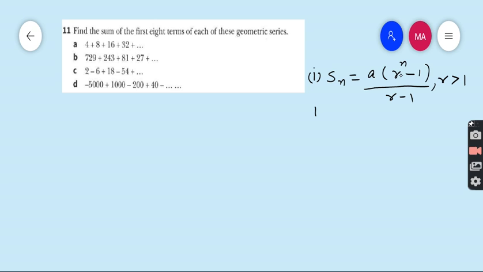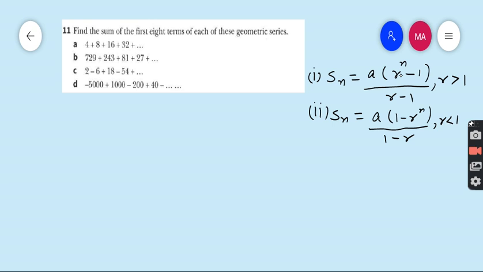And next, formula number 2: Sn equals A into 1 minus R to the power n upon 1 minus R. We will use this formula if R is less than 1. If the ratio is greater than 1, we use formula number 1, and if the ratio is less than 1, we use formula number 2.